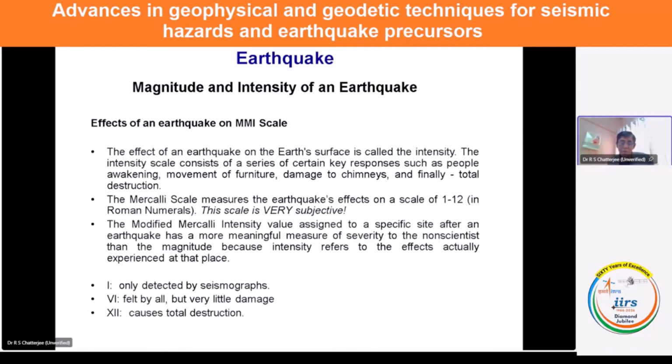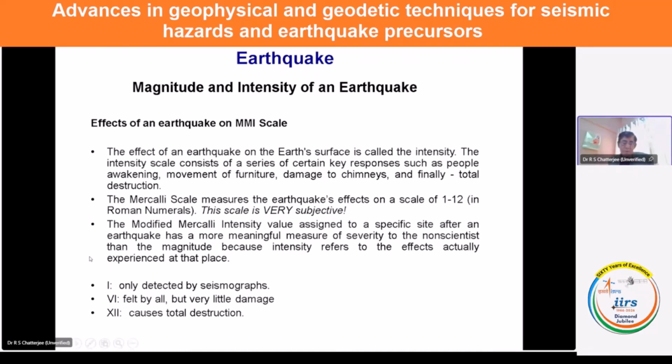So it starts with 1 when it is only detected by the seismographs, by the instrument only, but not by human beings. And then 1, 2, 3, 4. In some cases, even if it is very weak, some animals can feel it, but human beings cannot. We can feel it only when the intensity is substantial.